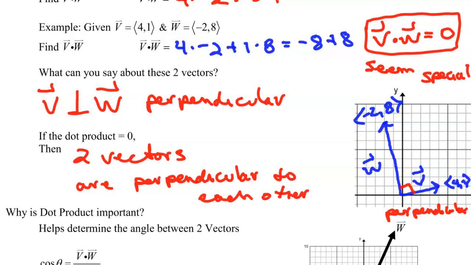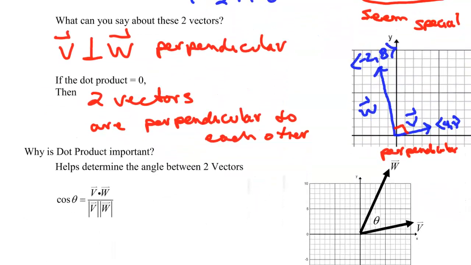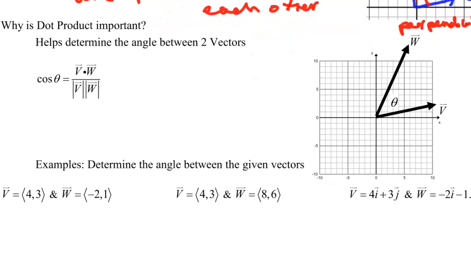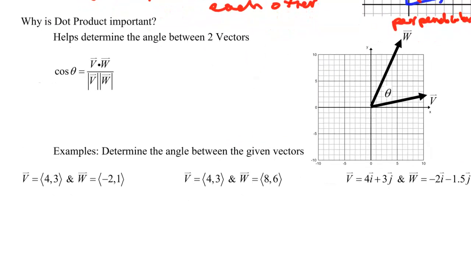So why would I use dot product? Well, I'm going to use dot product to help figure out the angle between two vectors. I'm going to use this formula here to figure out the angle between these vectors. So I'm going to rewrite it.